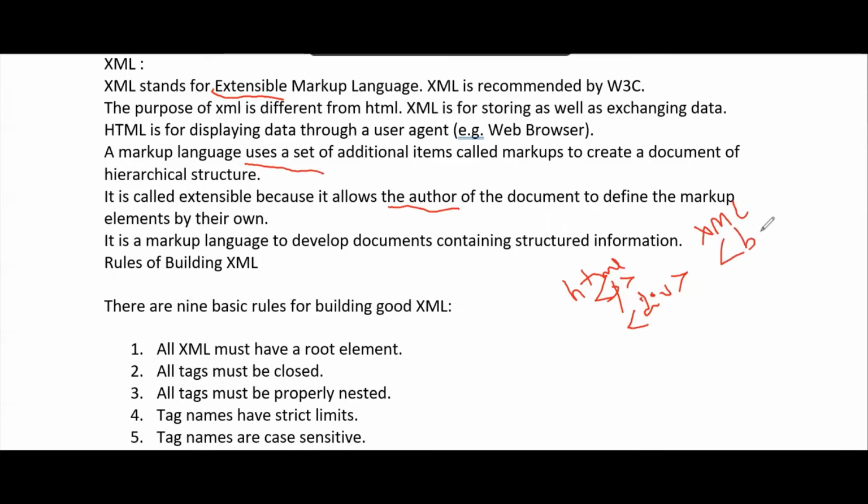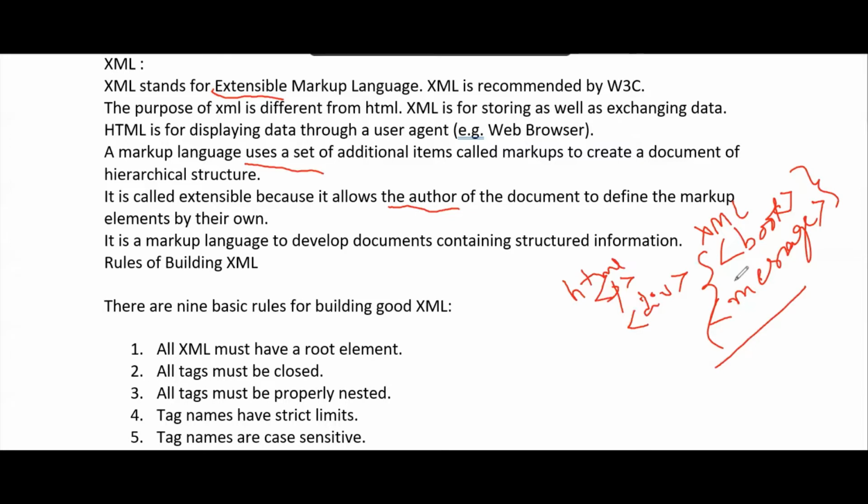Say I'm having a bookshop, so I can create a tag called book. If it is regarding mail, I can simply say it is a message tag. These are my own tags. So the author himself or herself can create their own tags. That's the reason why it is called extensible.